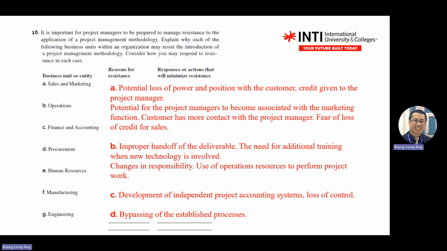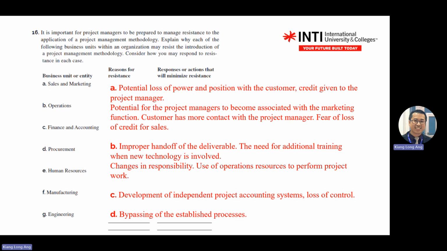Because when you step in as a project manager, most of the time the customer will find you rather than go and find sales and marketing. So they might be scared of loss of power. Then the potential project manager becomes associated with the marketing function. The customer has more contact, fear loss of credit of sales.